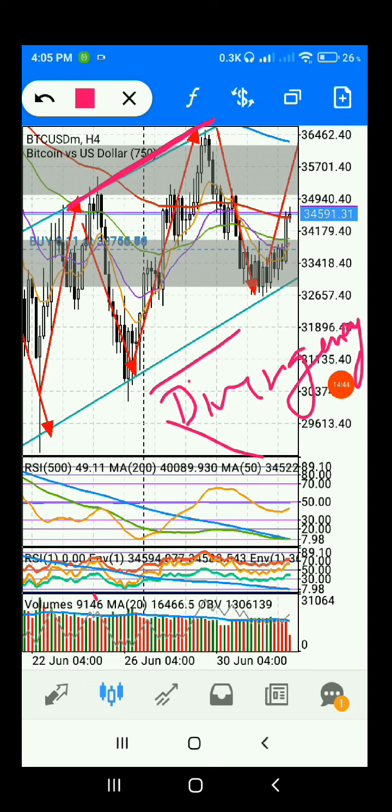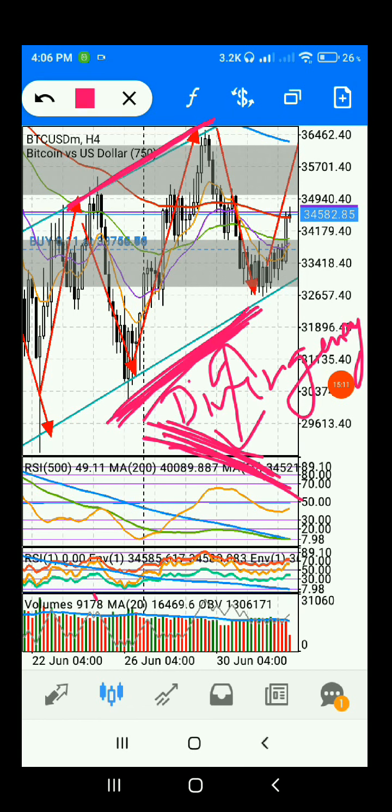So this is called divergence: when price movement is going upwards, and the on-balance volume or other oscillator indicators are showing downside, then they are not parallel, they are going in different ways. Both of them are reverse to each other. So this is called divergence.